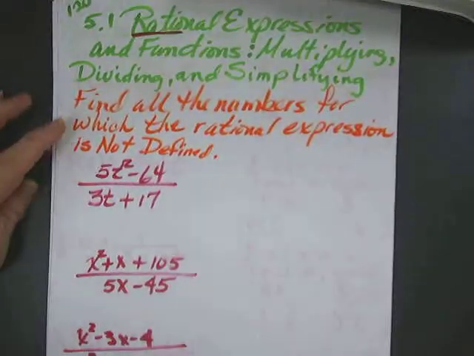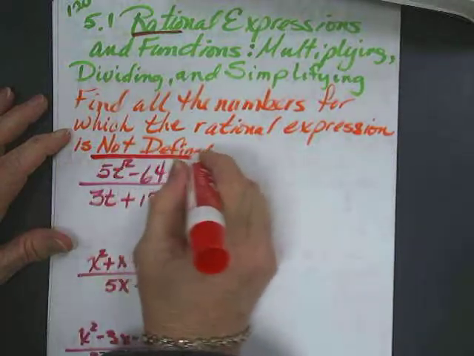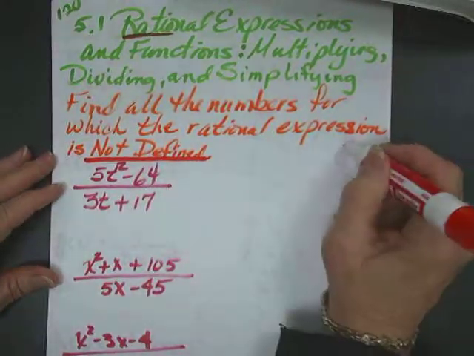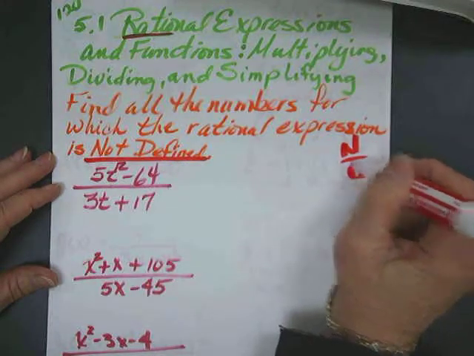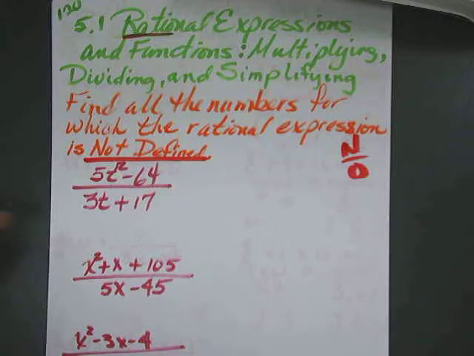Find all the numbers for which the rational expression is not defined. When is an expression not defined? When the denominator equals 0. Yeah. If the bottom is 0, you say not defined, right?